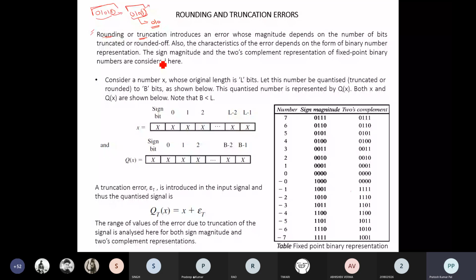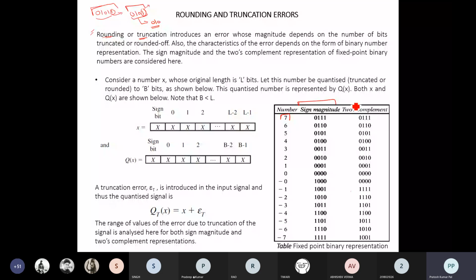Okay, these errors could be represented in terms of different types of number systems. These are decimal numbers, and they can be represented in sign magnitude representation or in 2's complement representation.